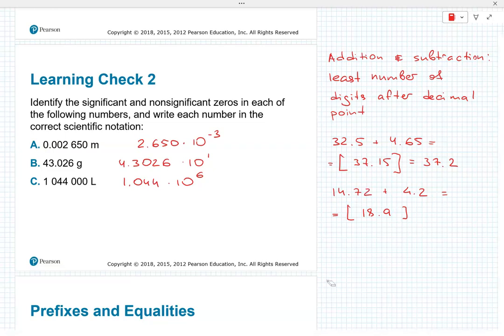Let's make it 72, it's better. 18.92. But the least number of digits after the decimal point is 1. So you're ditching 2. 18.9. Make sense?